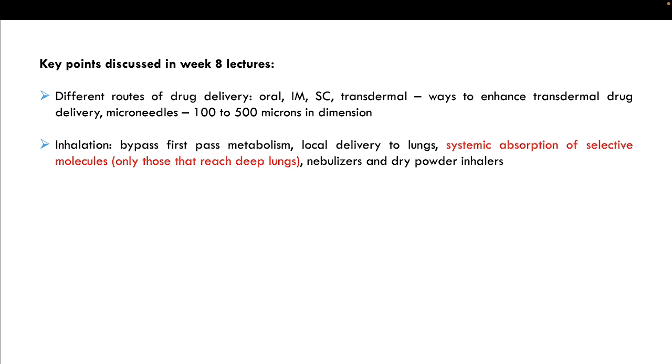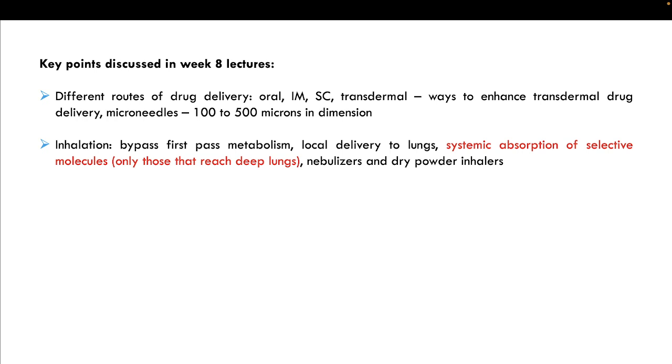So the way your lungs are made, there's a lot of network of these vessels, the airways, which initially start at a very broad airway, and then we'll look at this in a few of the subsequent questions as well. So as I said, the airways at the starting are very broad, but then they keep on branching, and eventually they become very, very small till they reach the alveolar sacs, and that's where your exchange of gases from the lungs to the blood occurs. So that's where your blood vessels are.